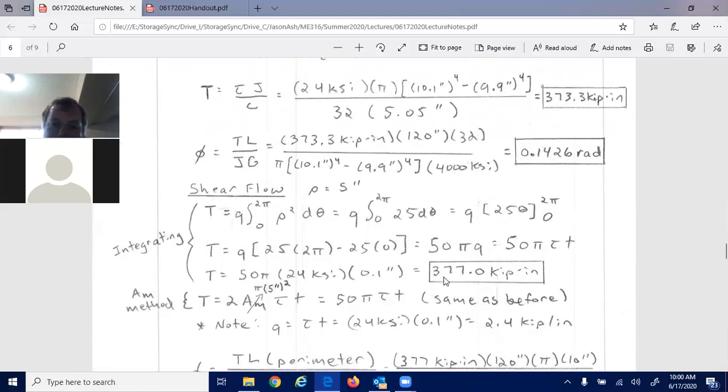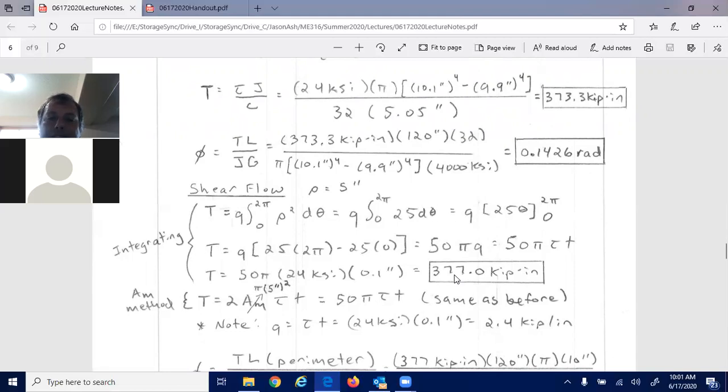And so we kind of see how the shear flow formula works, and that it does give a pretty reasonable answer compared to our exact torsion formula. It's only off by about 4 kip inch out of 377. So that's roughly about a 1% difference, not a huge difference.